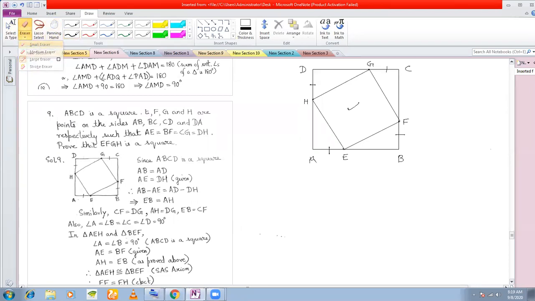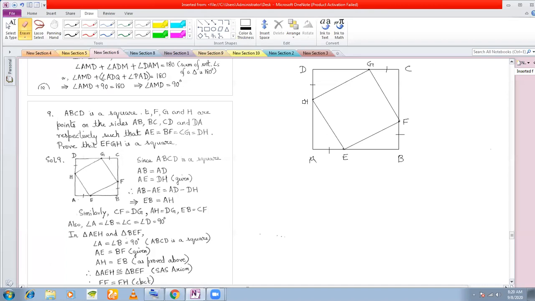So how to show? The basic idea here is to show that this quadrilateral EFGH is a square: how can you show that? The basic idea is to show that all the sides of this quadrilateral are equal. EF is equal to FG is equal to GH is equal to EH.